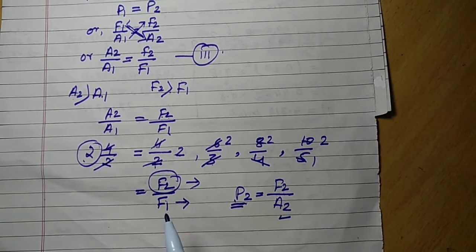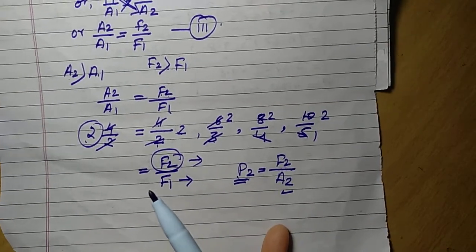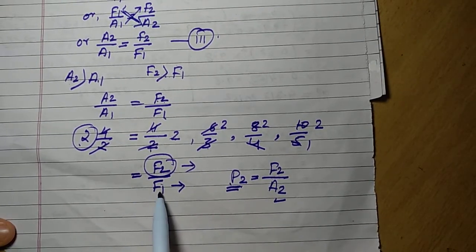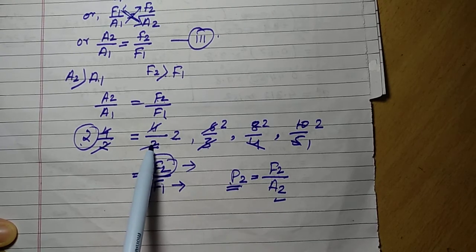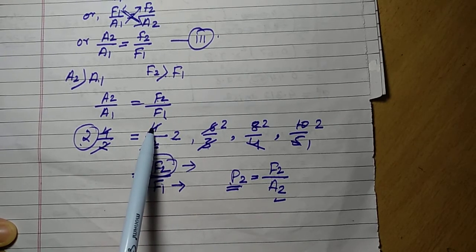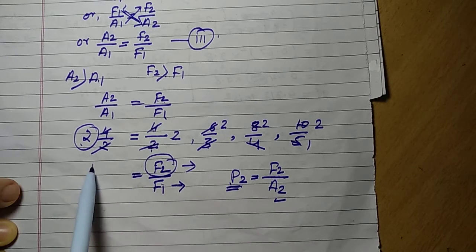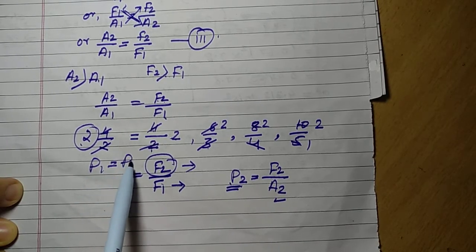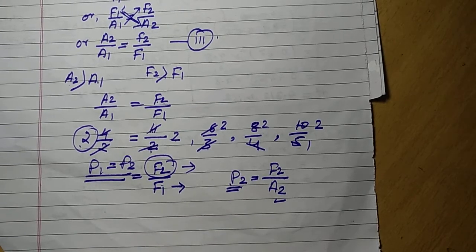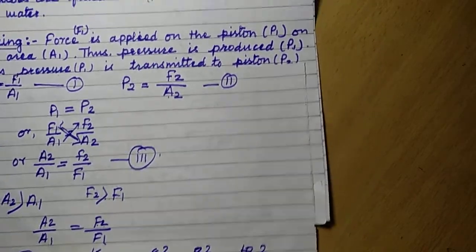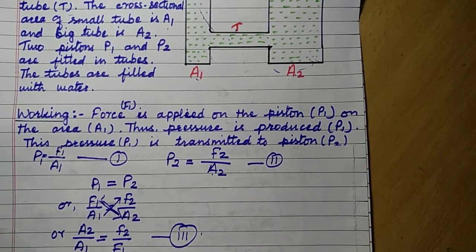That is why the hydraulic machine is also called a force multiplier, because you have applied F1 and the machine has multiplied it automatically to F2. You have applied 2 Newton force and the machine has made it 4 Newton force, so that P1 becomes equal to P2 according to Pascal's law. So the hydraulic machine is a force multiplier.